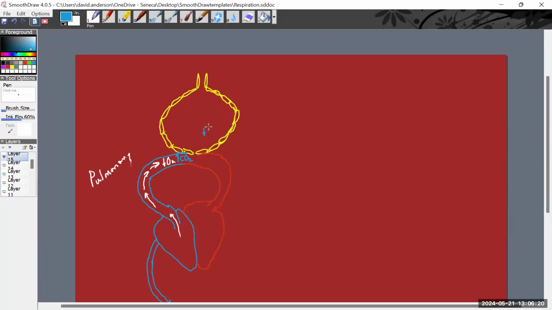And our alveolus is low in CO2 and high in O2 because it got the oxygen from the air. So our air came this way and our blood came this way. We okay? Yes.